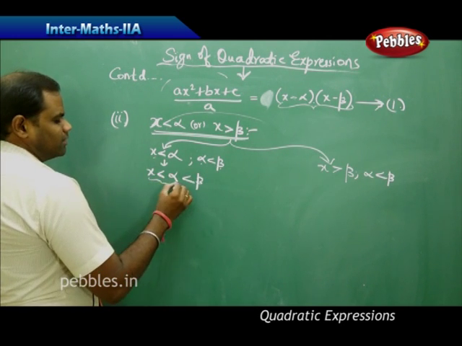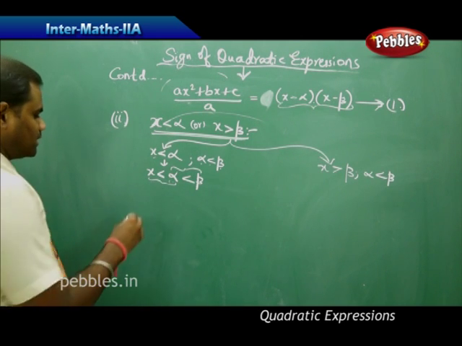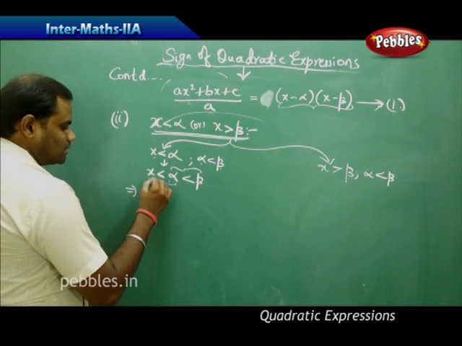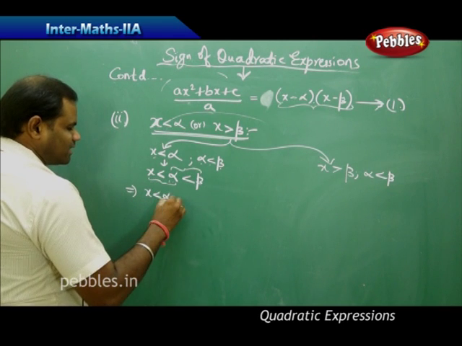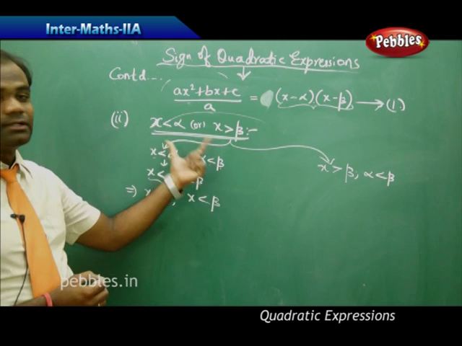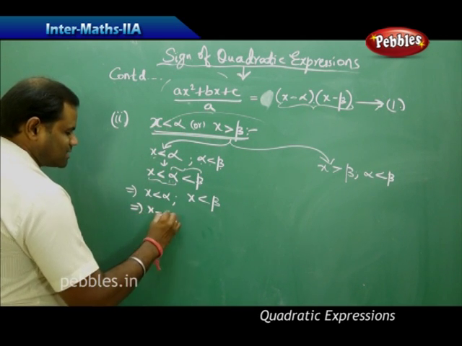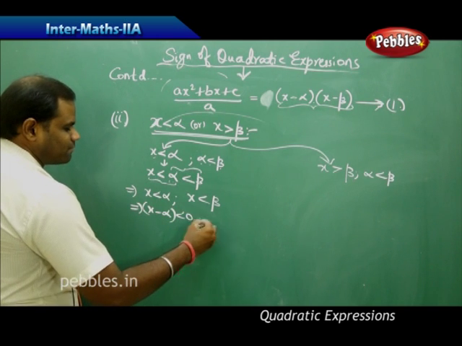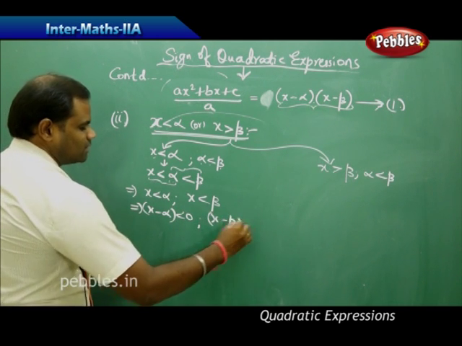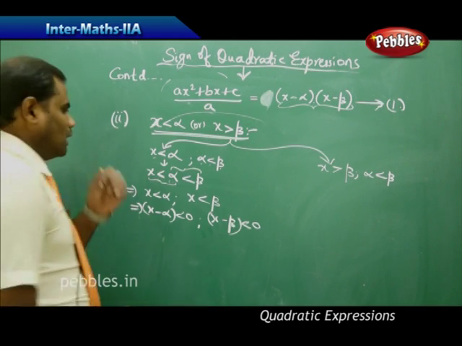So x is less than alpha and x is less than beta in this first case. Therefore, I get x minus alpha is less than 0 and x minus beta is also less than 0 in the initial case.